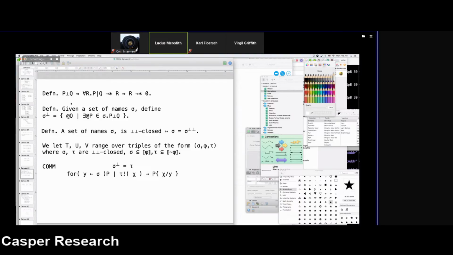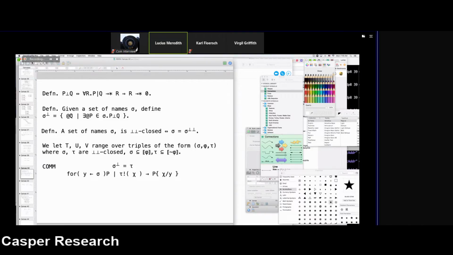And now we say, given a set of names sigma, so names are in this setup the codes of contracts, then we define sigma perp as the set of names Q, so these are the names of some contracts Q, such that you can find a name in sigma such that P annihilates Q. So again, just to be clear, Q is going to be some contract, and @Q is effectively the name of that contract.